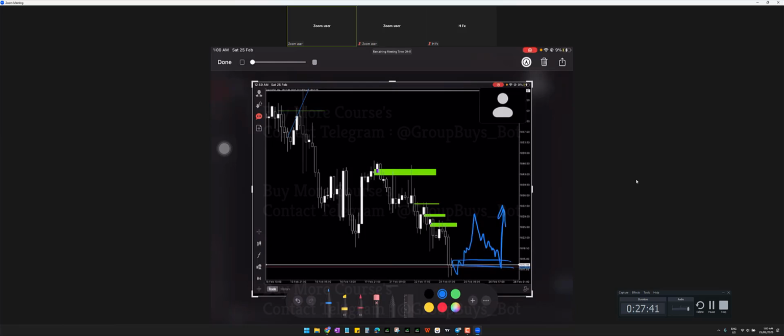Zone buyer. Sorry. Zone buy. We're waiting for breakout buy. Zone buy. Reaction. Breakout buy. How do we want to identify it?